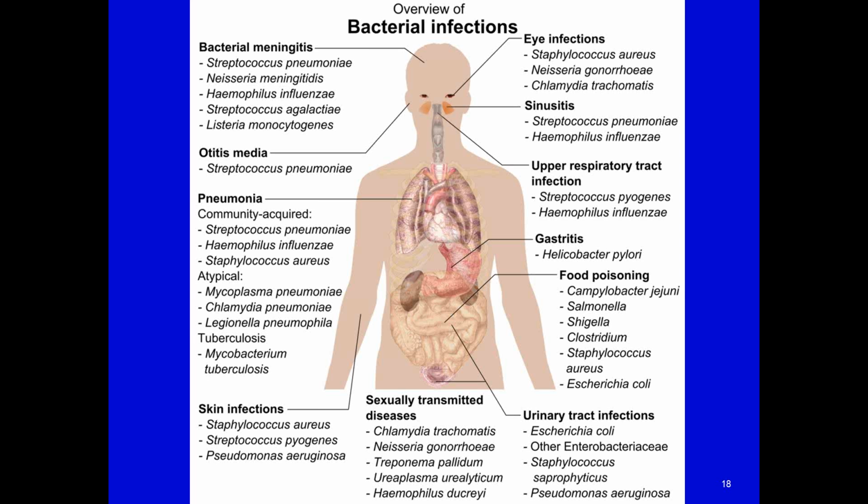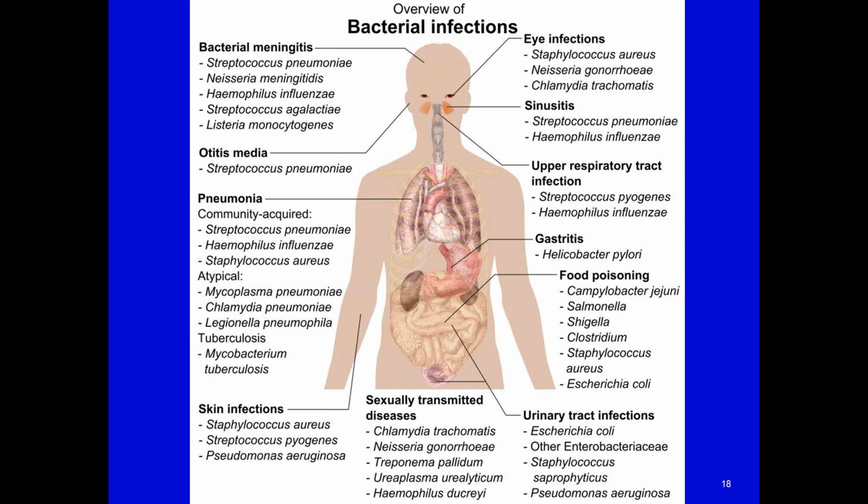Eye infections like Staphylococcus aureus, gonorrhea, chlamydia, sinusitis could be caused by Streptococcus pneumoniae or Haemophilus influenzae. The upper respiratory tract can be affected by Streptococcus pyogenes or Haemophilus influenzae.